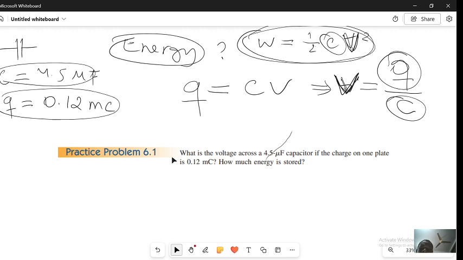Now we have to be careful with the units, because the charge is in millicoulomb and the capacitance is in microfarad. That means either I convert this one to millifarad, so that I have milli and milli, or I convert this one to micro, so that I have micro and micro.